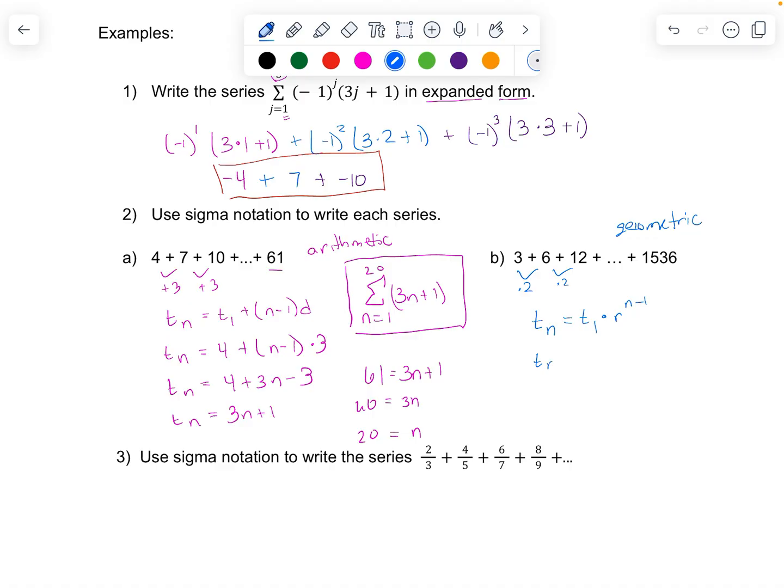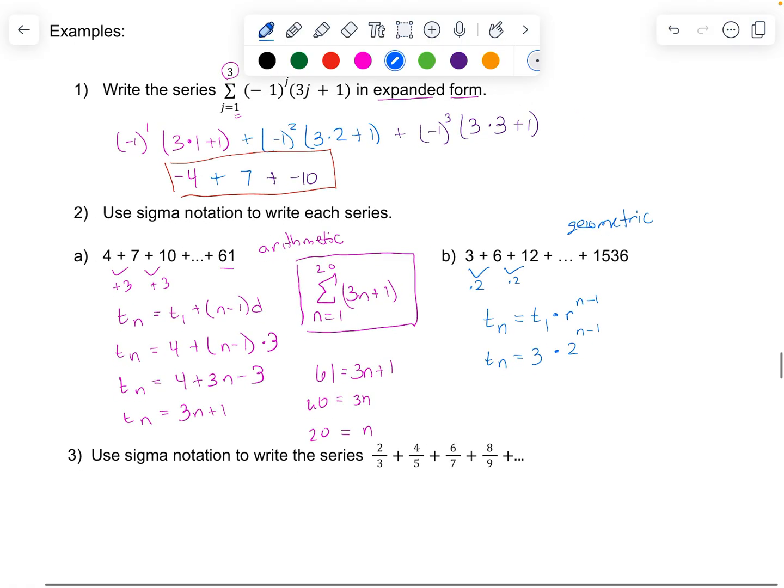So t sub n would be equal to t sub 1, which is 3, times the common ratio, which is 2, to the n minus 1 power. So again, so far in our summation notation, we would have summation from n equals 1 to something of 3 times 2 to the n minus 1 power.